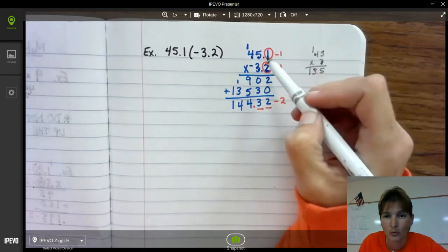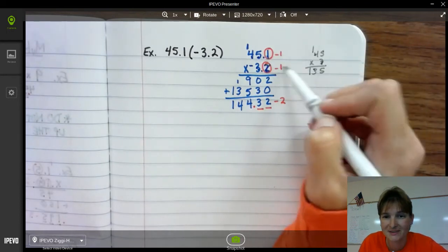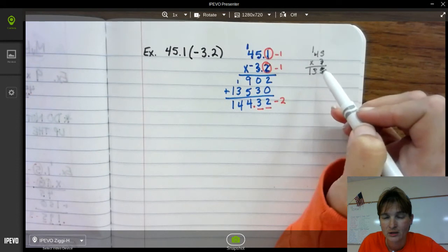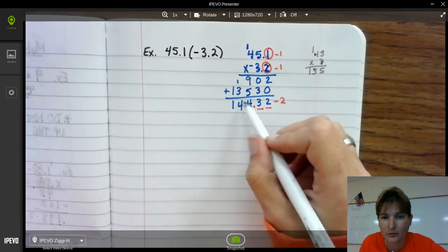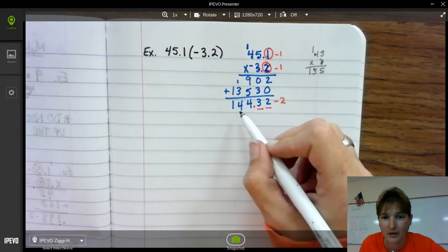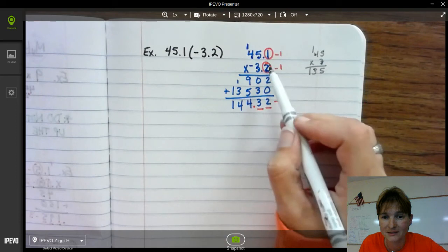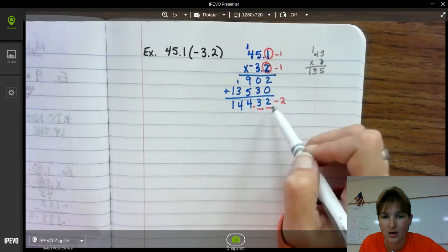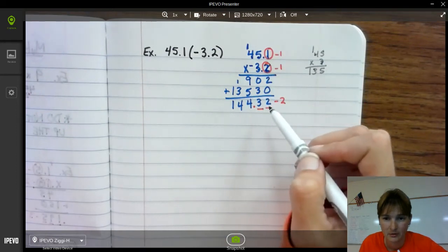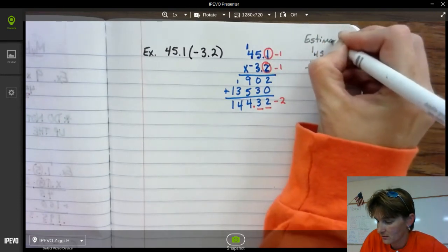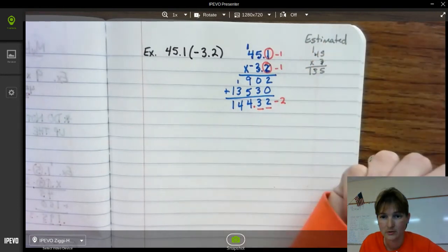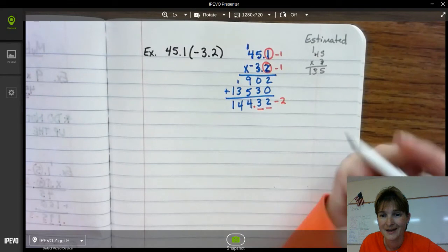Okay, now remember, we estimated these numbers down. So the value went down, but it's pretty darn close to the 144 that we're getting within our answer. Okay, the 2 decimal places is what gave us an exact value. So this was the estimated value. This is also a way that you can check to see if you're doing your multiplication correctly.